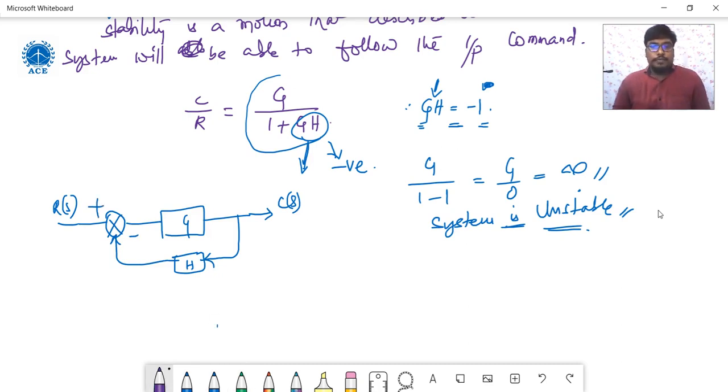So see here, with this we have this value -1, right? So with this our system leads to instability. Unstable system becomes, right? So to make it stable, we need to connect another feedback here, say H1.